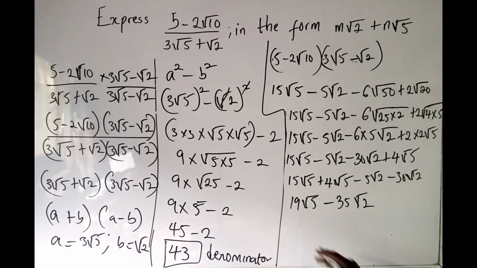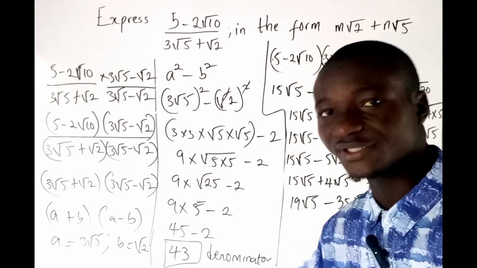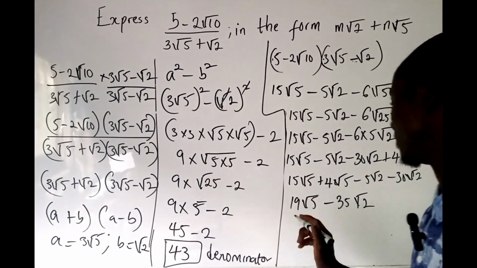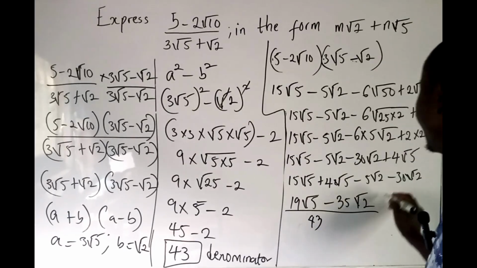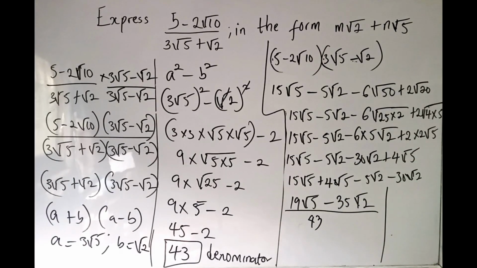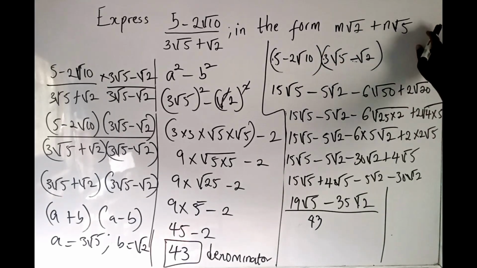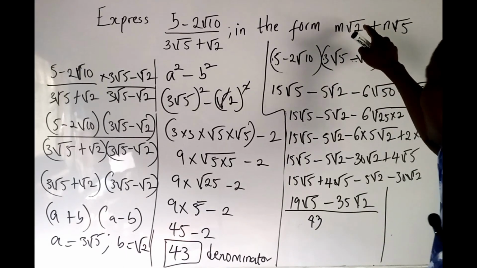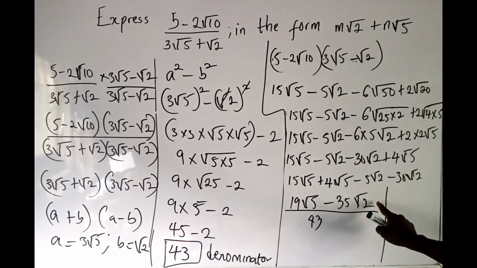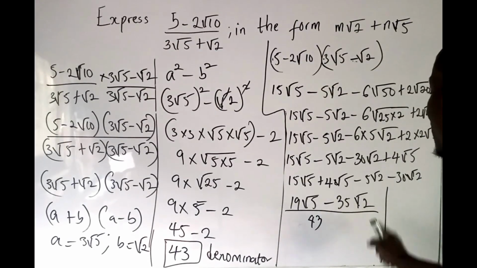Okay, now this is what we have for the numerator. All right, don't forget our value for the denominator. So let us bring our value for the denominator. We have it all over 43. Now the question says express this in the form m root 2 plus n root 5. The one having root 2 is minus 35.